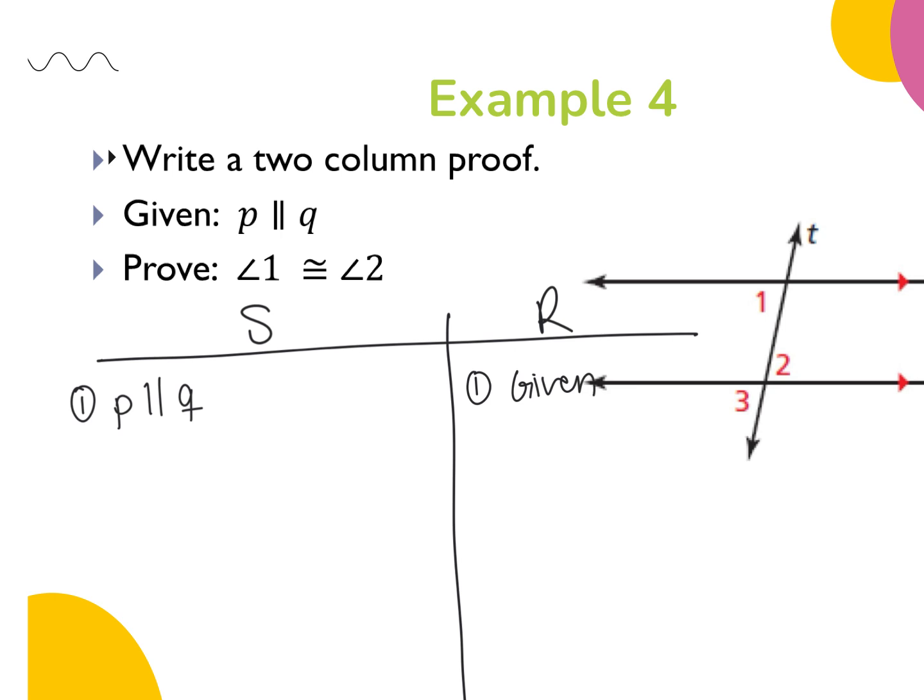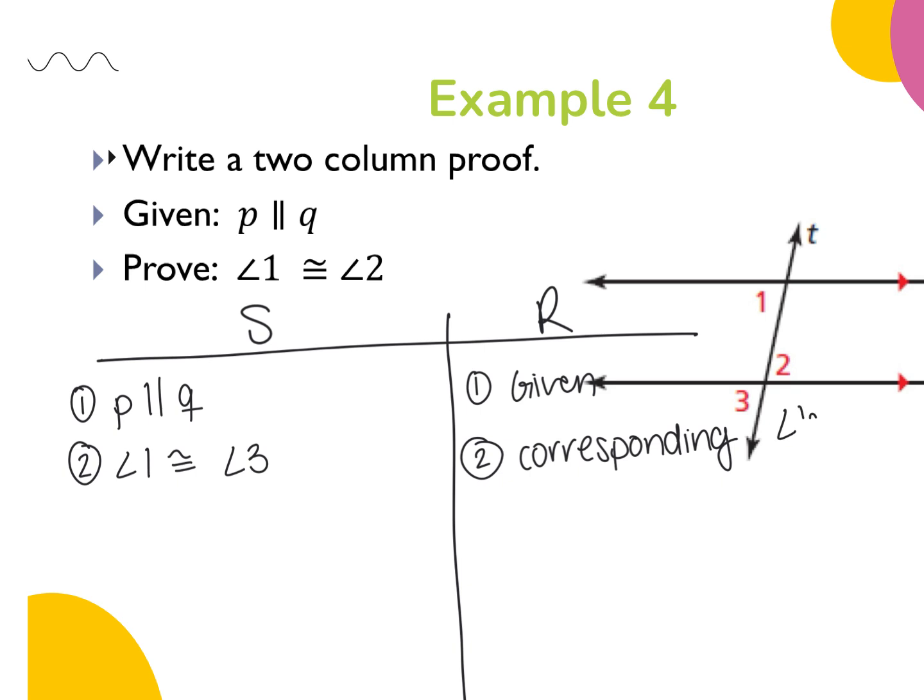All right, now I'm going to go ahead and write angle 1 is congruent to angle 3. How do I know that angle 1 is congruent to angle 3? Yes. Good. Corresponding angles theorem. Corresponding angles theorem. Okay, corresponding angles theorem.